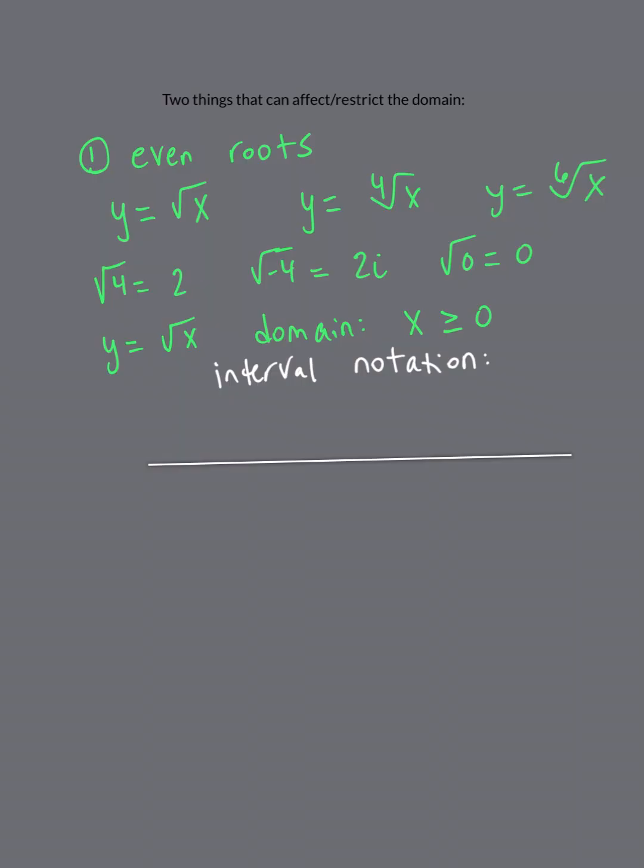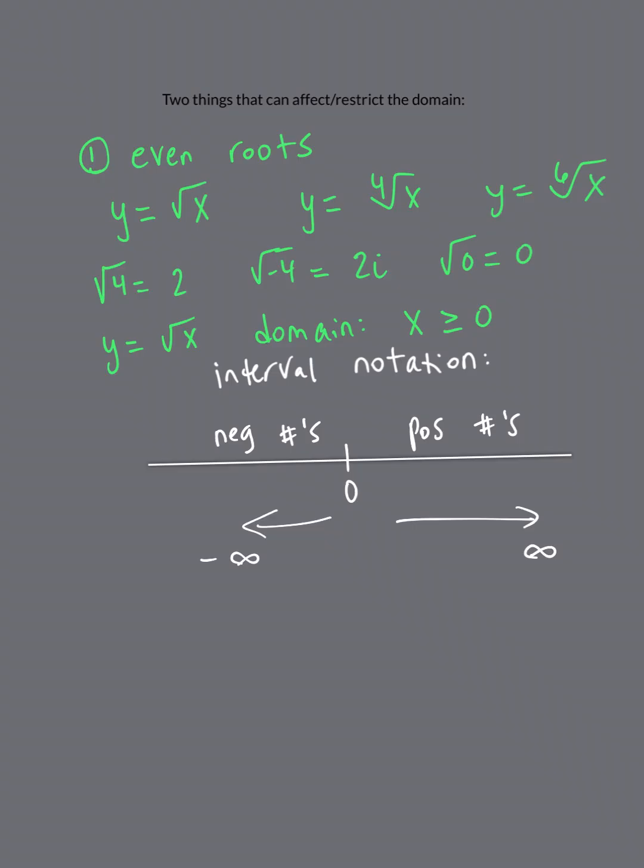When you're doing interval notation, it can really help to think about a number line. So if this is 0, all your negative numbers are to the left of 0, and all your positive numbers are to the right of 0. And so all real numbers covers all the negative numbers to negative infinity, and to the right are all your positive numbers to positive infinity.